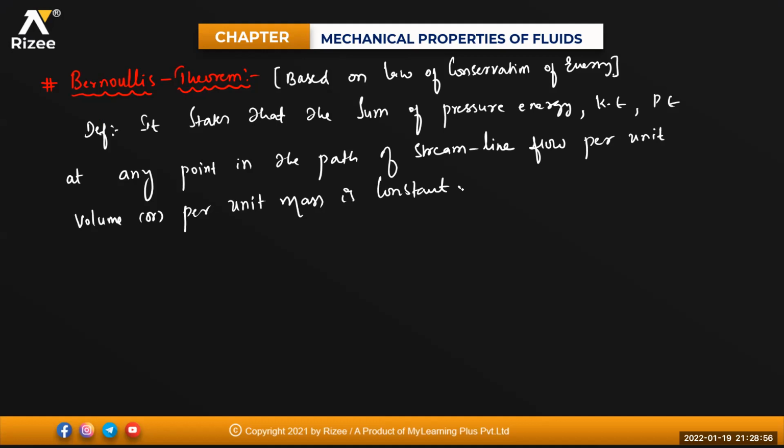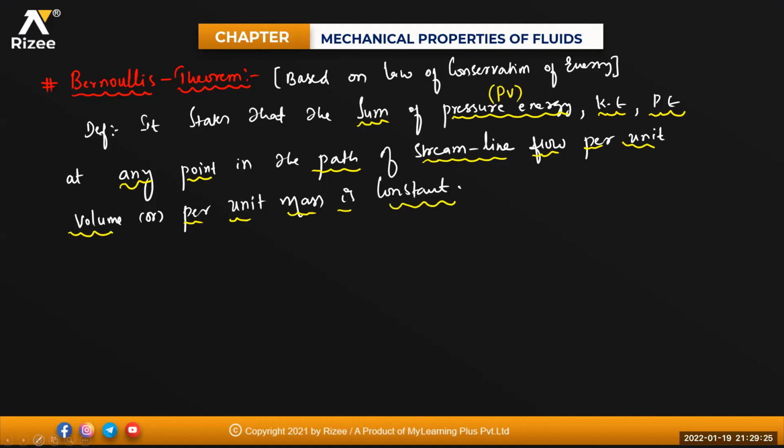Okay, so what is the Bernoulli theorem? It states that the sum of your pressure energy, which means PV, and kinetic energy, which means half mv square, and potential energy, mgh, at any point in the path of your streamline flow, per unit volume or per unit mass, is always constant.